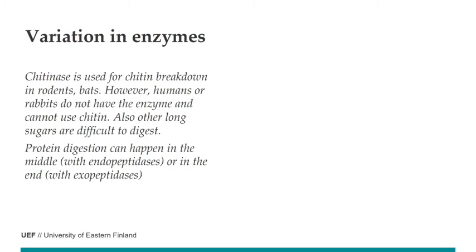Then the protein digestion depends on where it can happen. It can happen with endopeptidases, so it can be cut from the center of the protein, or at the end, so we have these exopeptidases. And also the digestion can happen in three different locations.